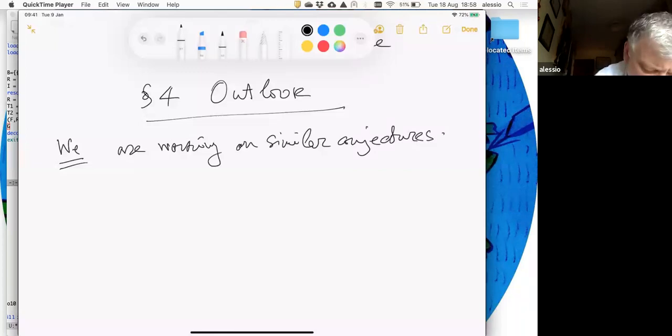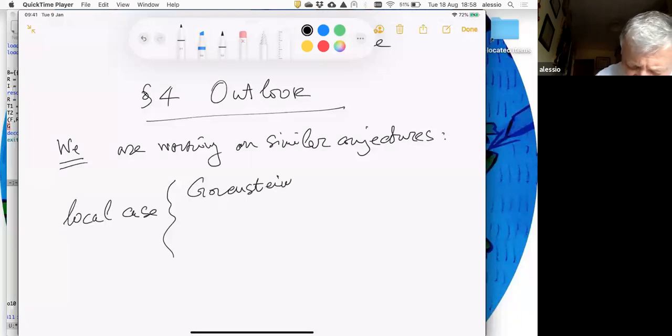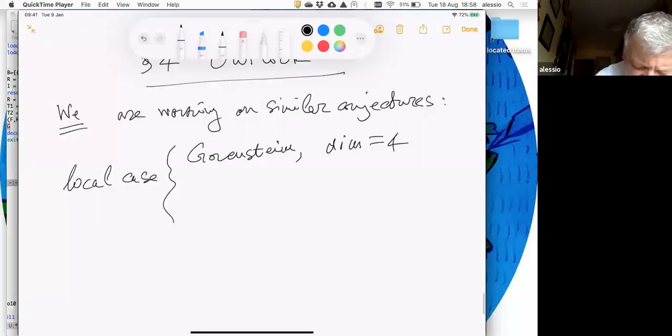In the local case, we want to generalize to the Gorenstein case, but in dimension 4. And we also want to do Q-Gorenstein.